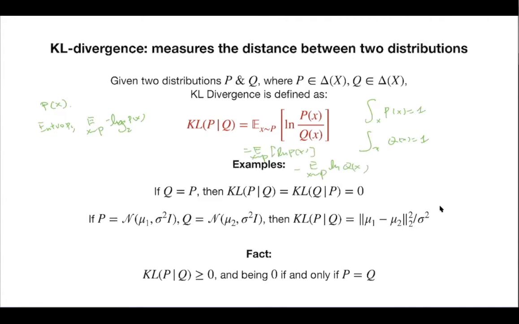The first term expresses, in expectation, how many bits I need for expressing this distribution P. And the second one says that if I mistakenly believe my distribution is Q, and I'm trying to encode a distribution using Q, what's the expected bits that I need? So KL divergence is measuring the difference between these expected bits that you need to use.